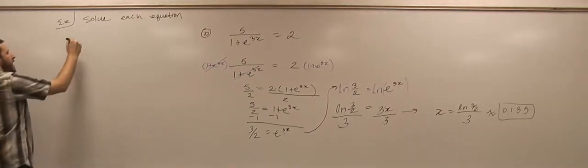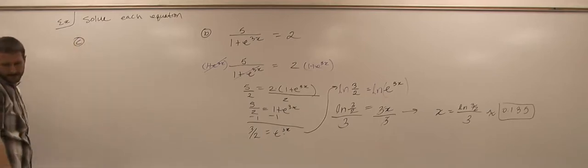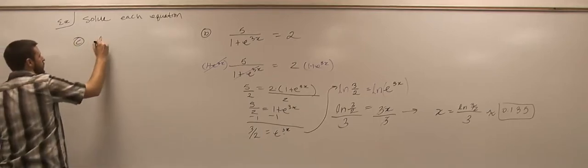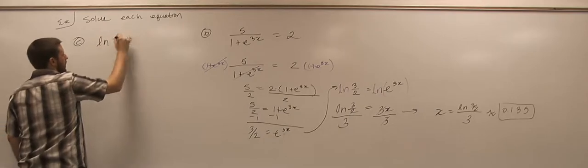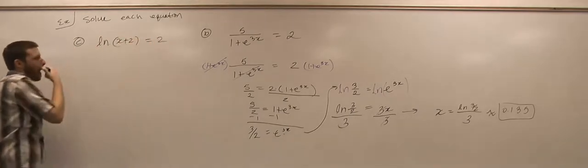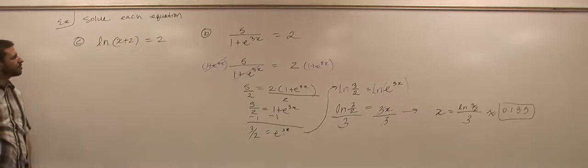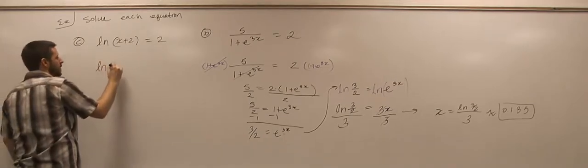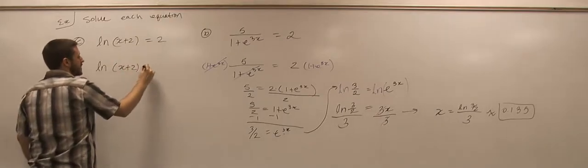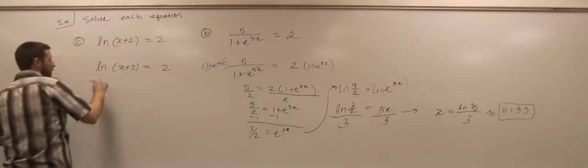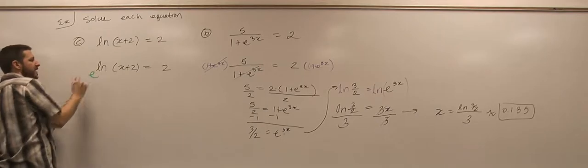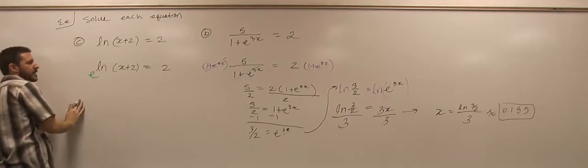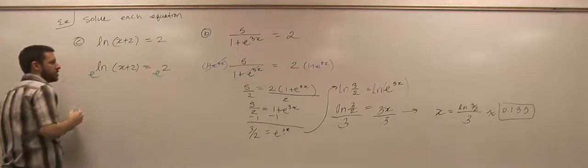What if I give you an ln to start with, like natural log of x plus 2 equals 2? How do you solve this? It's not quite multiplying, but to get rid of an ln, you exponentiate. So you put an exponential function base e on this side, and an exponential function base e over here.